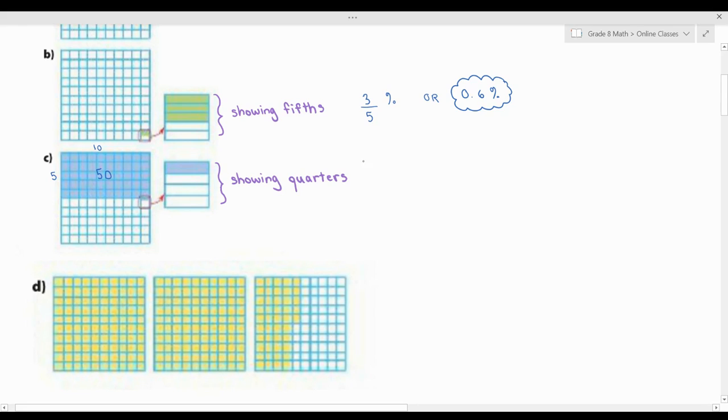So I know I have 50 for sure, but then I have this little zoomed in piece here. This time it's different, there's 1, 2, 3, 4 sections. So it's actually showing quarters. And if I look, only one of those quarters is shaded. So we could say it's 50.25%, or as a decimal, we could say that's 50.25%.